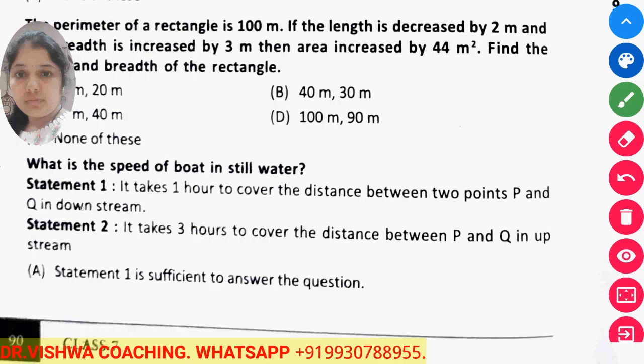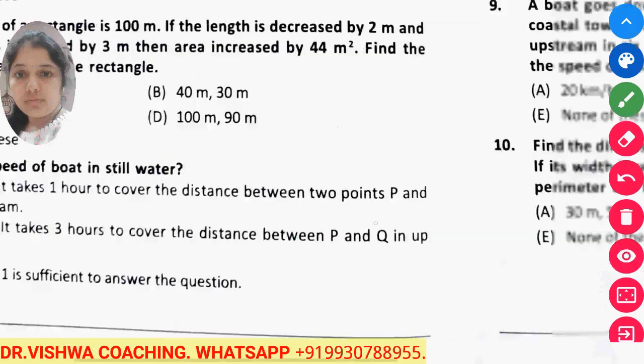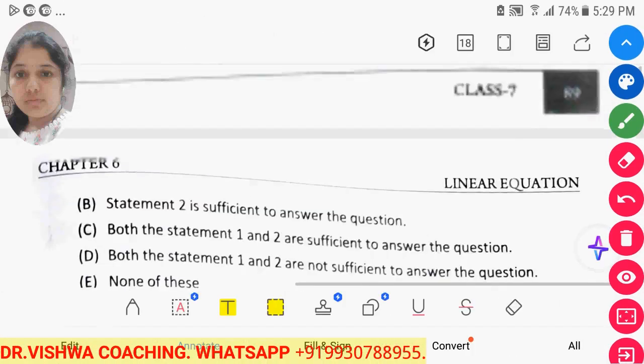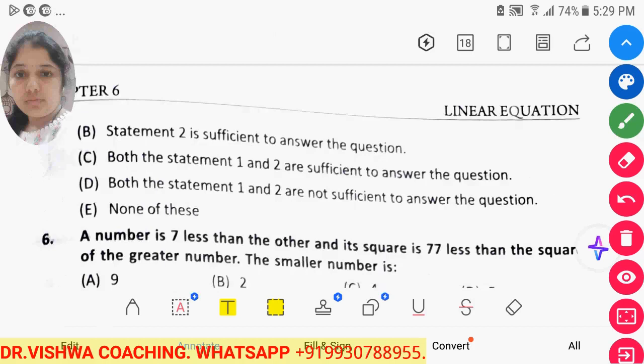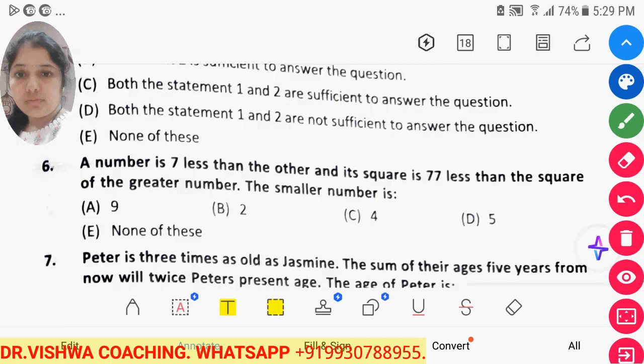Now see, even if they had given the time in which upstream and in downstream the boat is covering the same distance, they had not given the speed with which it covers the distance. So both the statements are not sufficient to calculate the speed of the boat. So your answer is option C.